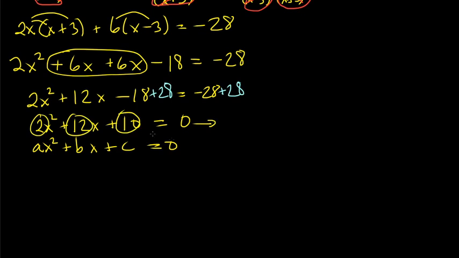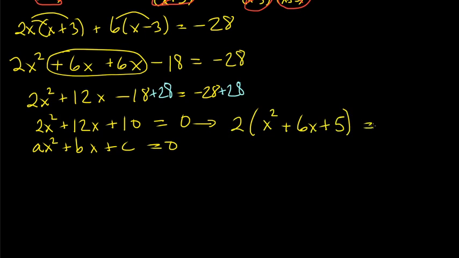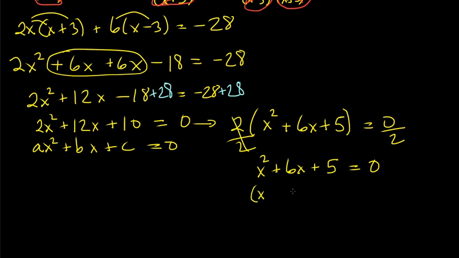A, B, and C are even numbers, so why don't we just factor out the 2 first? Because we can divide both sides by 2. 0 divided by 2 is still 0.